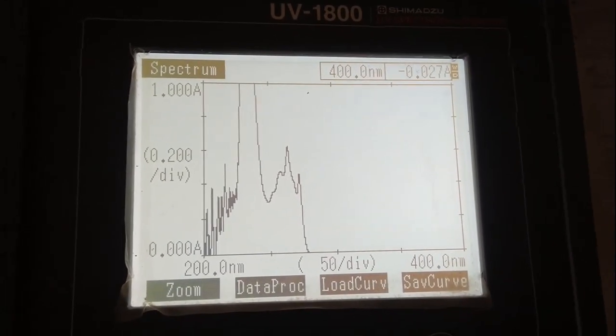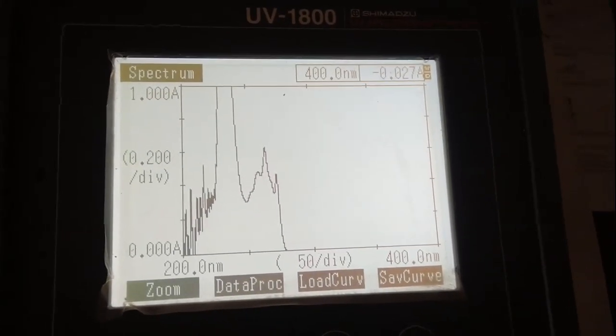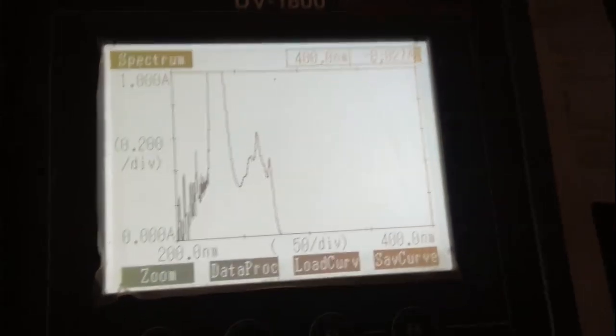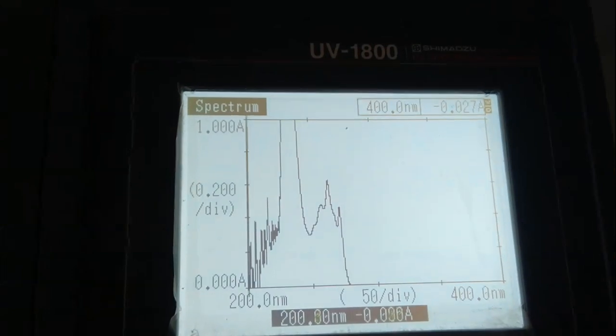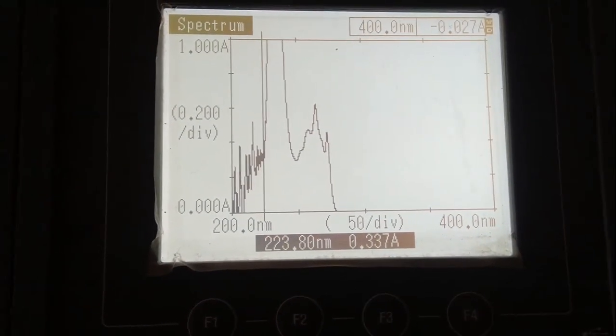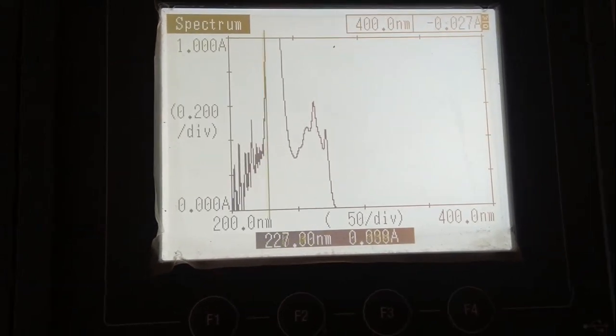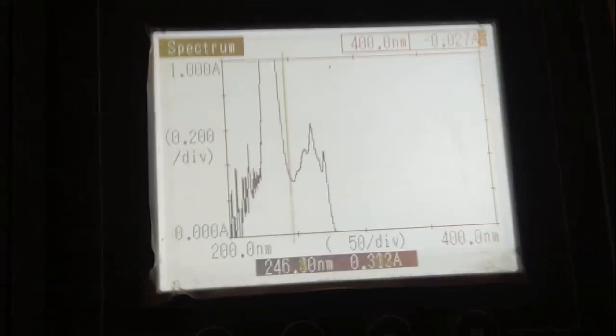Now we are going to find out the maximum absorbance at the lambda max. So for that we will move the cursor. You can see we are going to press from here. You can see the line coming from the left hand side. So this helps us to find out the maximum absorbance.